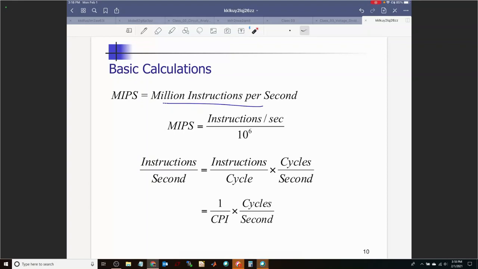All right, let's come here. So what is MIPS? MIPS is taking the instructions per second and dividing it by 10 to the 6. That will be the value in MIPS. Very straightforward. What is instructions per second? Well, instructions per second can be computed by using instructions per cycle. What is instructions per cycle? We called it IPC, right?